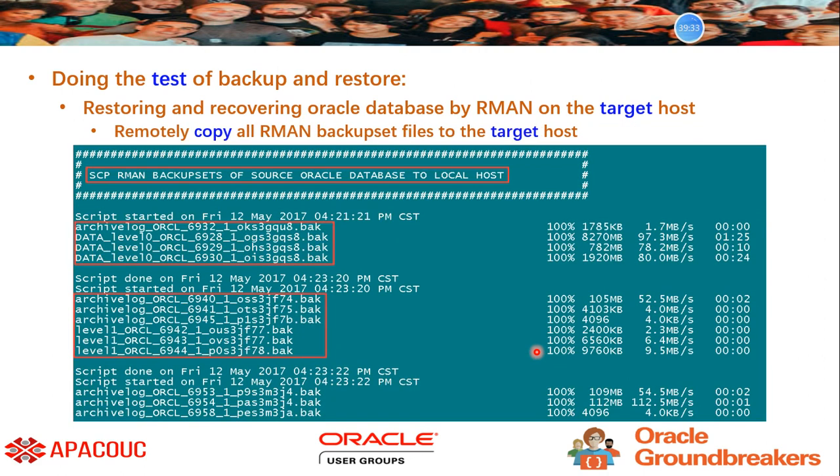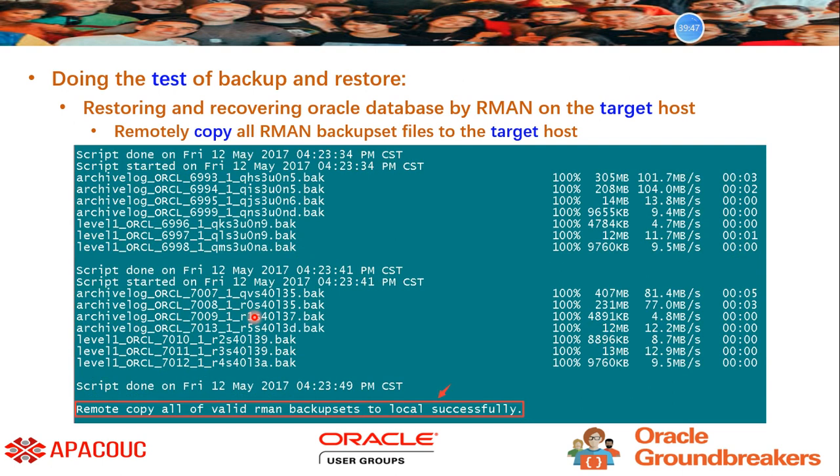This slide and the next one indicate that scp of the RMAN backup sets of the source Oracle database to the target host succeeded. Remote copy or validate RMAN backup sets to local successfully.